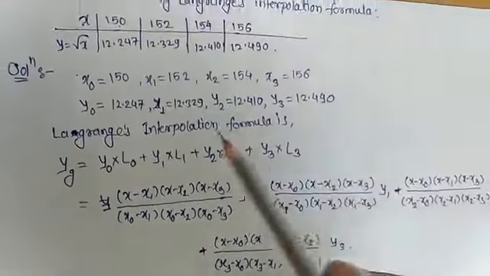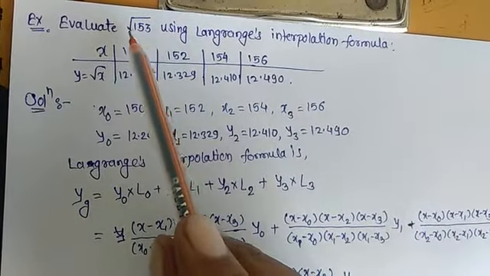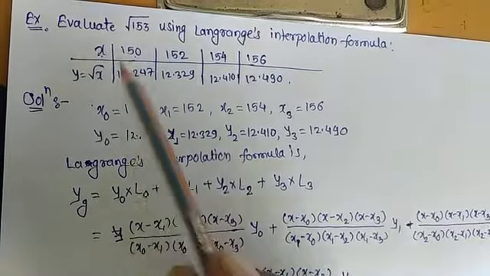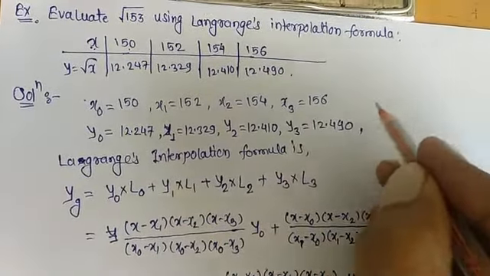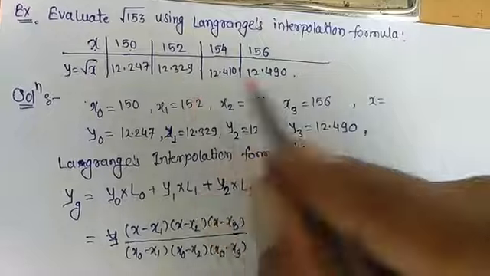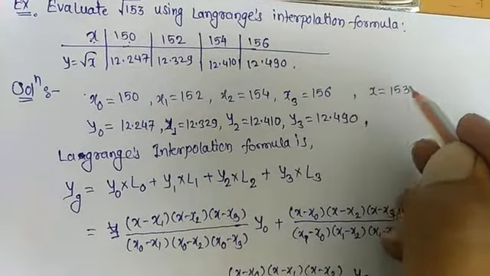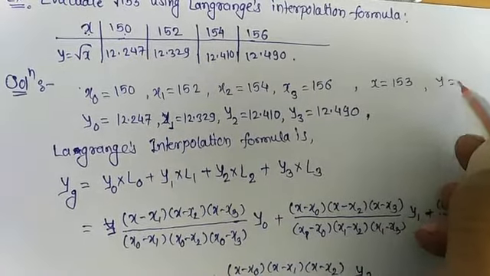And here we have to find square root of 153, that means x should be considered as 153 and we have to find y as a question mark.